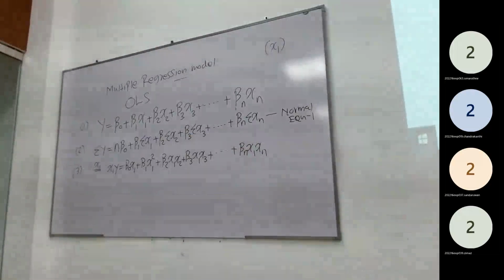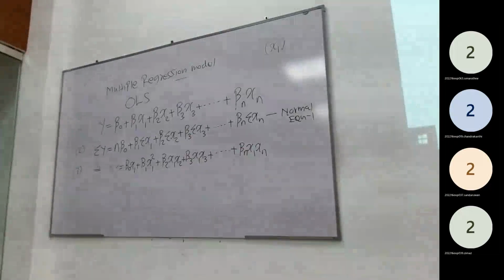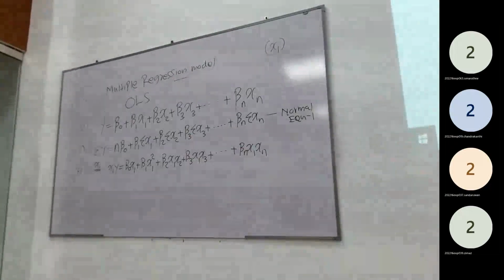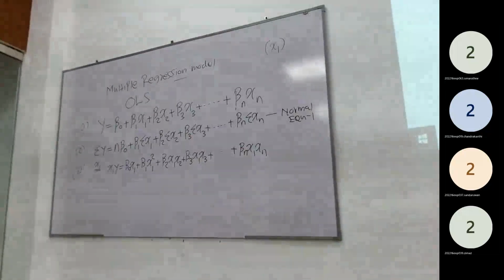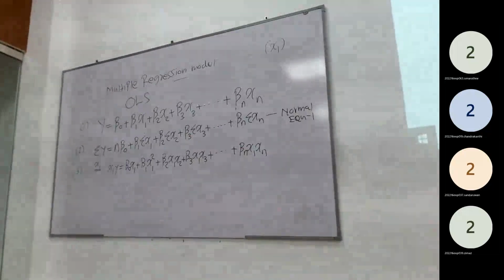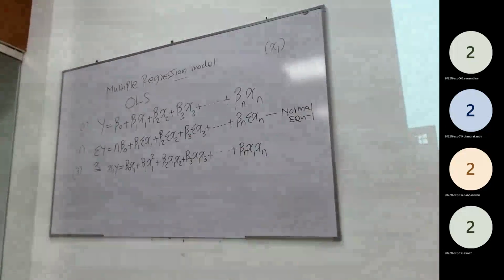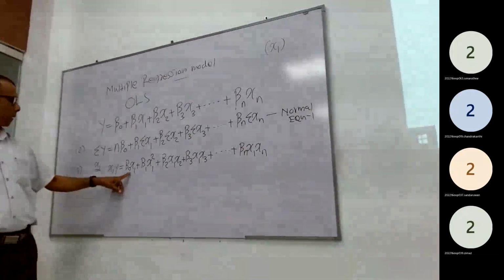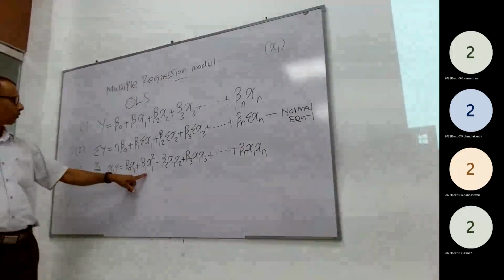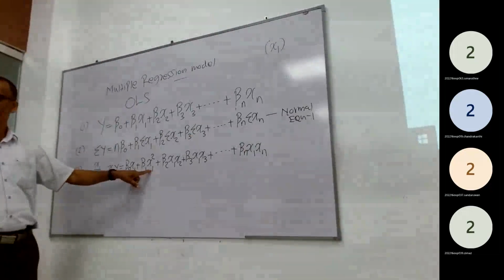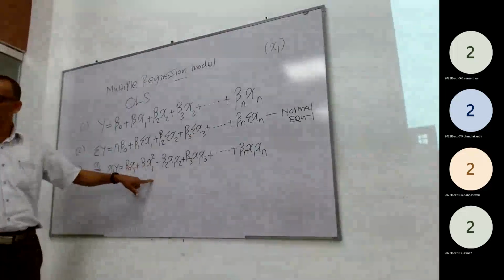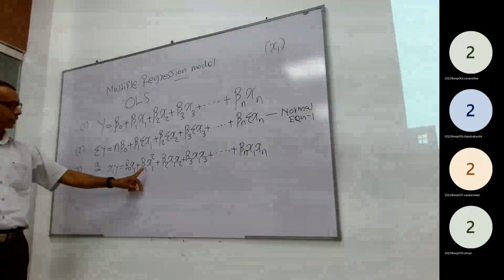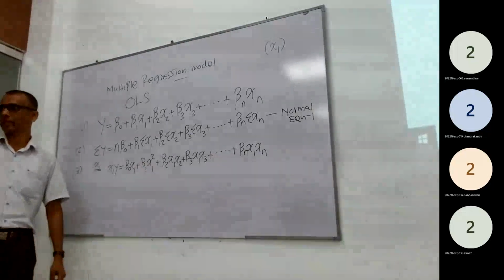Next one, I multiplied by x1. Then apply sigma. x1 multiplied by x1 means x1 squared.